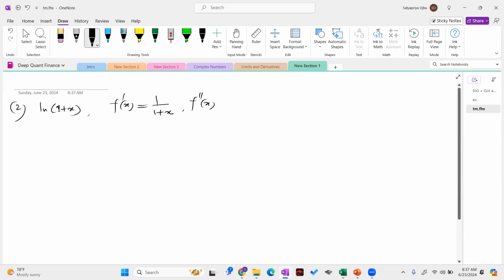Double derivative is minus 1 by 1 plus x whole square. Triple derivative is 2 divided by 1 plus x whole cube. Let's write one more. Fourth derivative is minus 2 times 3, right? That is 6 divided by 1 plus x to the power 4.